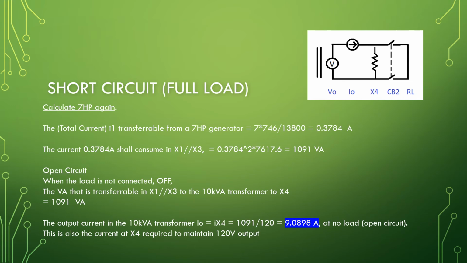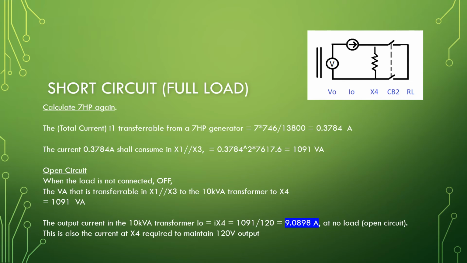The current 0.3784 ampere shall consume in X1 parallel X3 equal to 0.3784 squared times 7,617.6 equals 1091 VA.